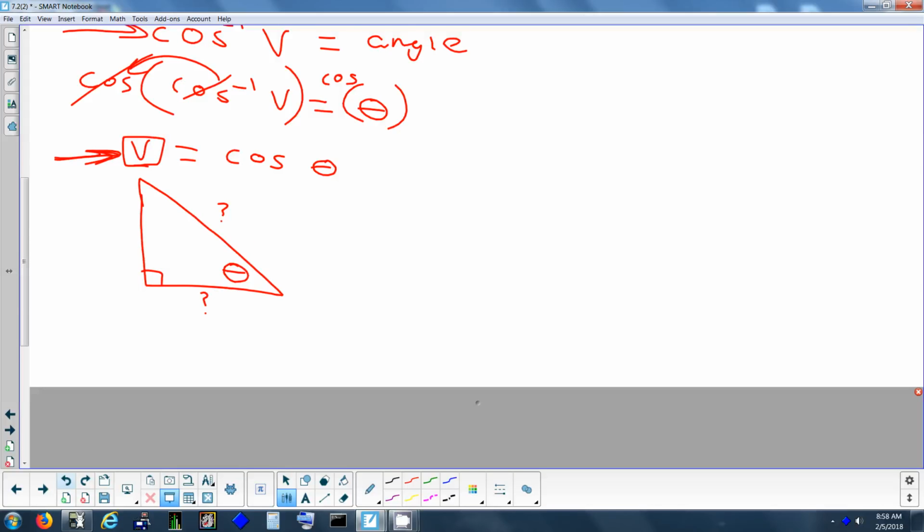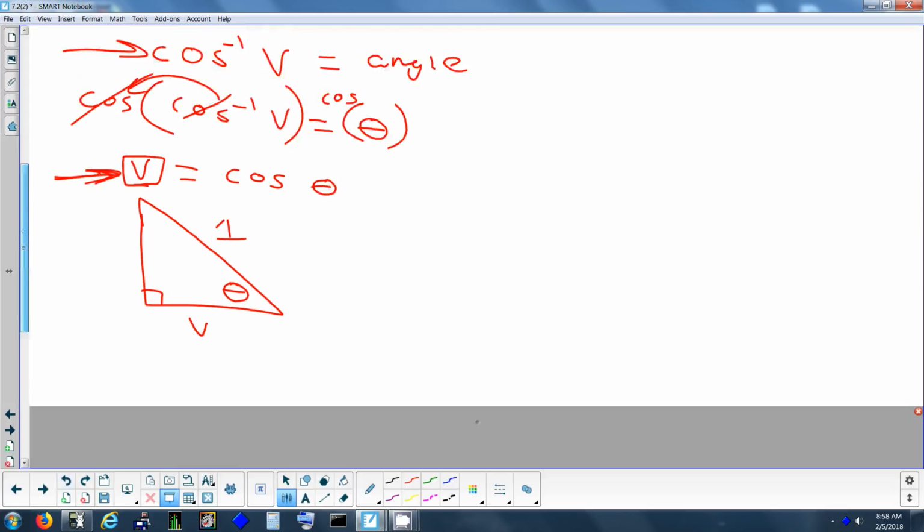There's literally an infinite amount of ways to do it, but we want to try to do it the simplest way we can. V and 1. Okay, where would you put the v? V would be the adjacent, and 1 would be the hypotenuse. Perfect. So now this picture represents the statement up above. The cosine of theta is v over 1, adjacent over hypotenuse. That's exactly what the equation says.